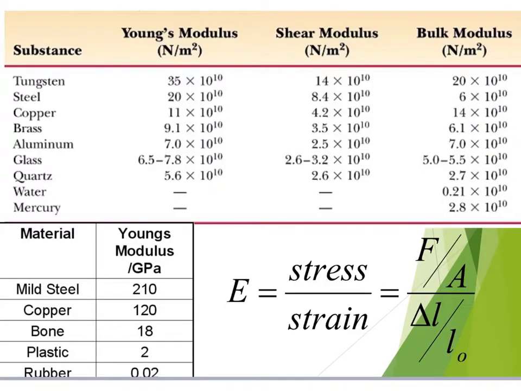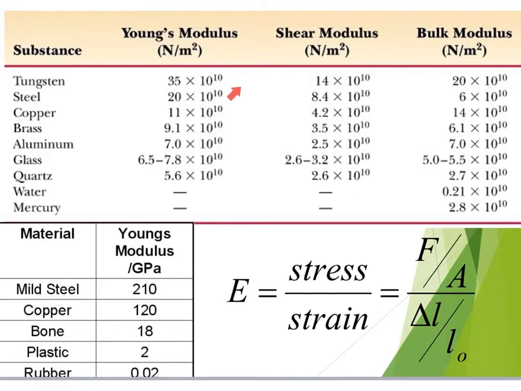So before we begin our example problem, I want to point out this chart, and you're going to see that the chart has different substances, and each one has its own unique Young's modulus measurement. Those are in units of newtons per meter squared.